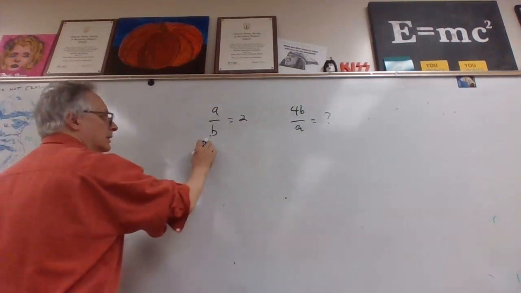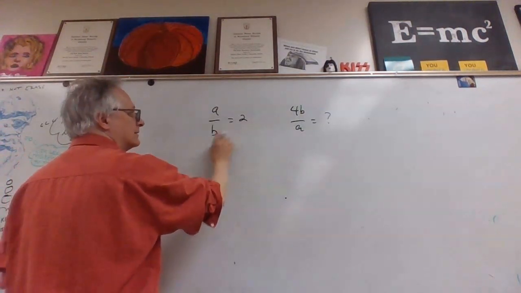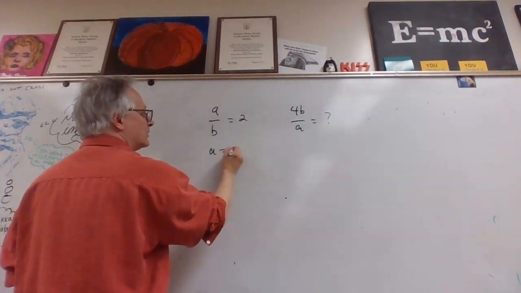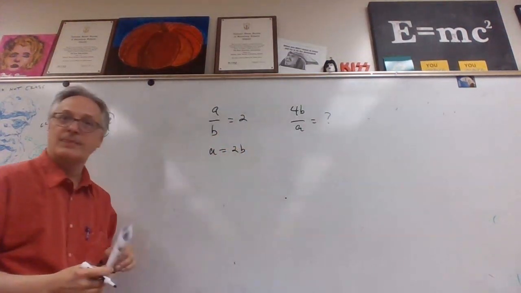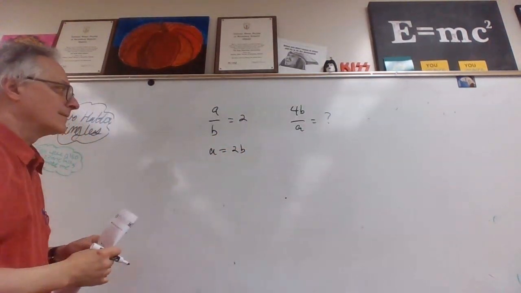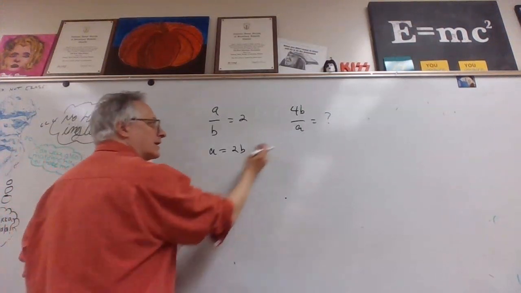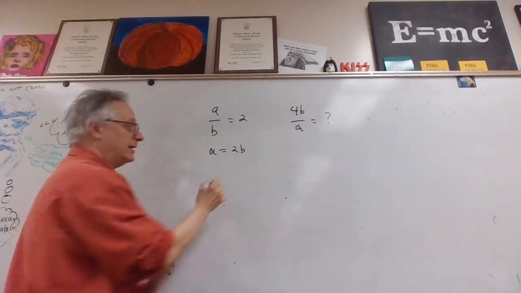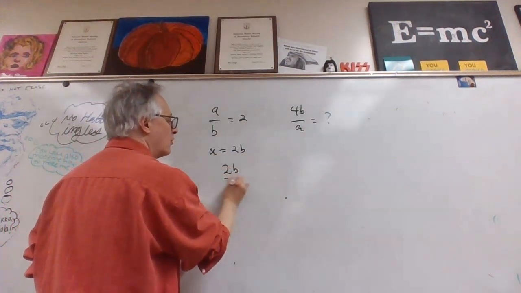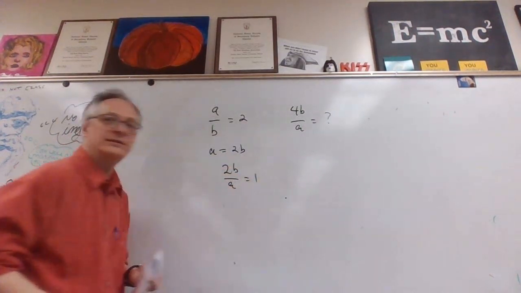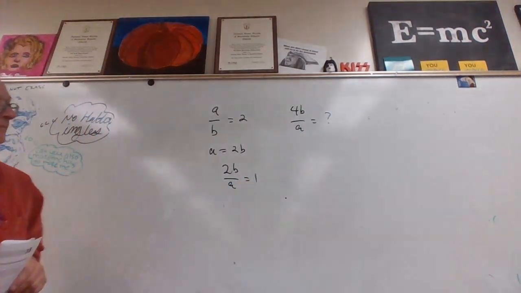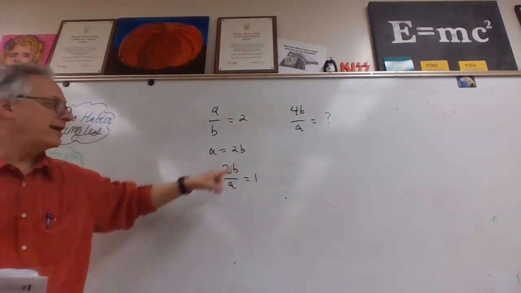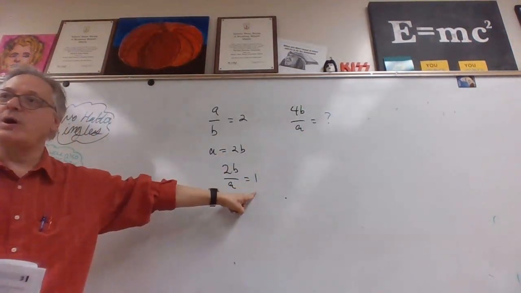So let's say a is equal to 2b. No, don't forget we want 4b over a. So if a is equal to 2b, 2b over a is equal to 1, isn't it? Because if that's equal to that, then anything divided by itself is equal to 1.